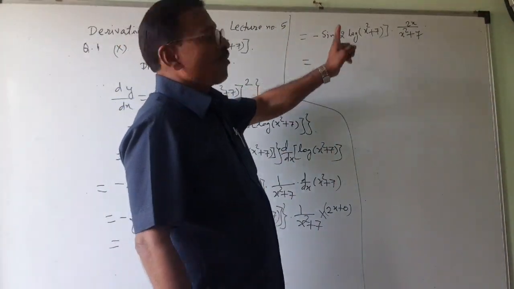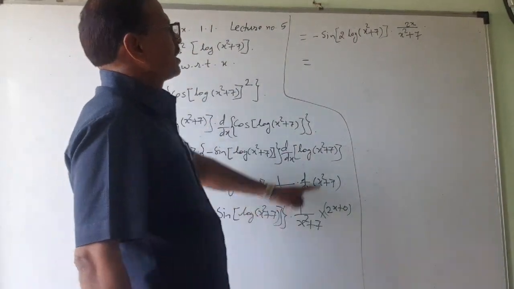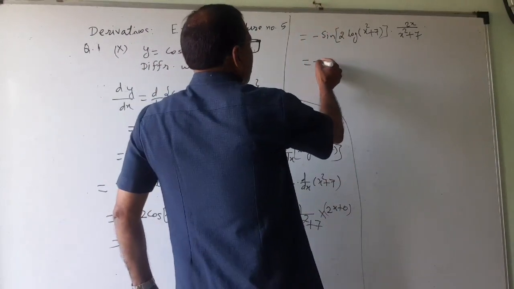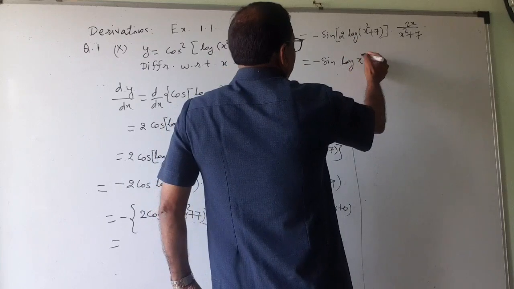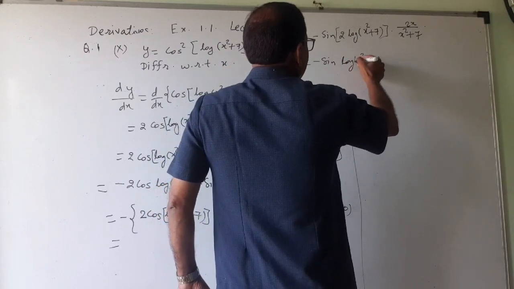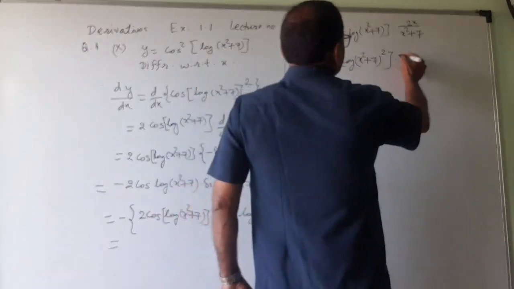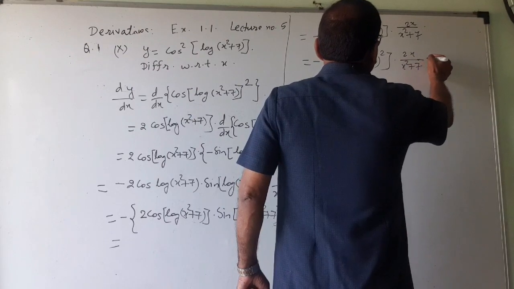Now this will be for the objective questions in all the competitive examinations. Either this answer or minus sine of log of x square plus 7 raised to 2, into 2x upon x square plus 7.